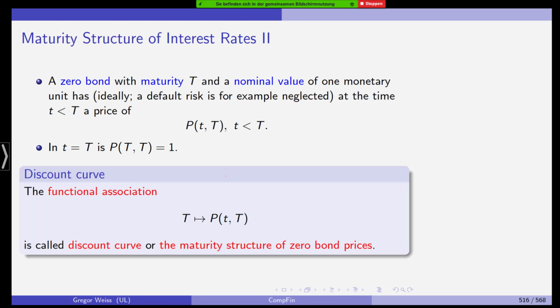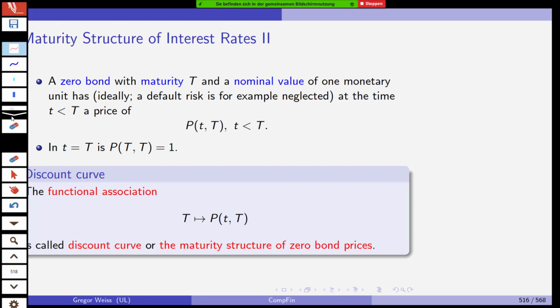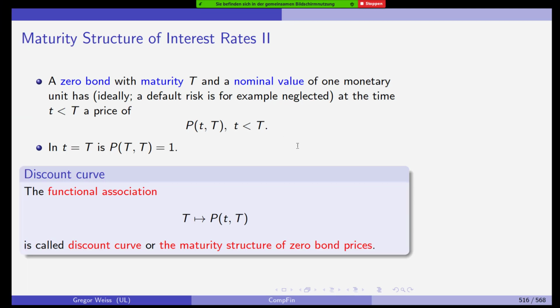And this function that relates the maturity T to prices of a zero bond is called the discount curve, or the maturity structure, the term structure of zero bond prices. Why? Well, think about this in the following way. We have 1 monetary unit that is being paid. It's a zero bond, so we have no coupon payments, and at the end we get +1.